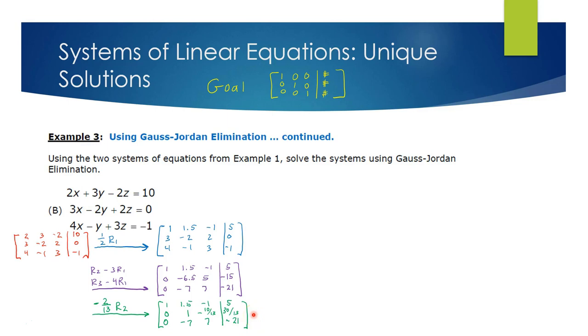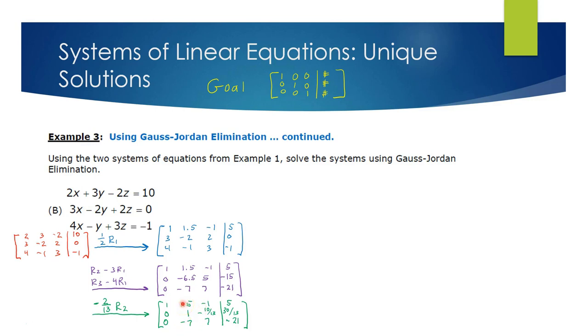Get some nasty fractions here, and oftentimes when you're using this method you will, but it's still keeping things rather organized. So now I've established the 1 down here. I want to make this and this zeros. So I'm going to take row 1 and add it by a multiple of row 2, and I'm going to do the same thing with row 3.